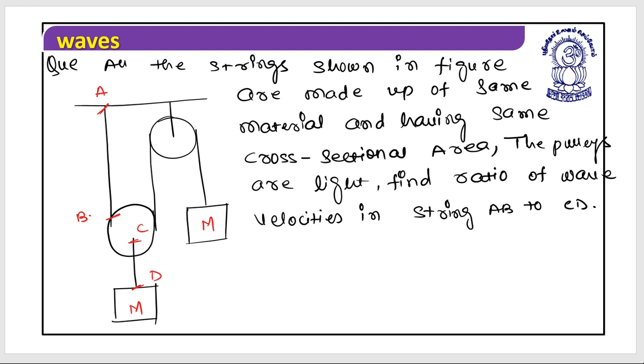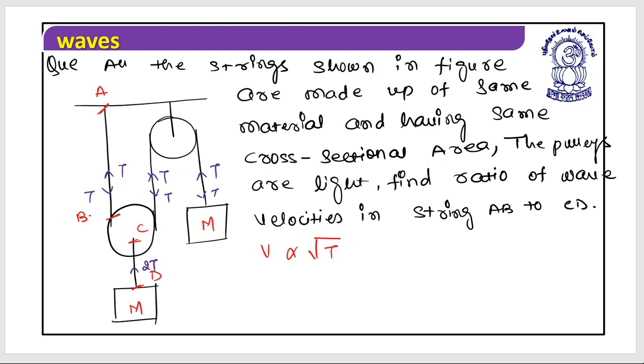As we understood that velocity is directly proportional to the root of the tension force. Yes. So if I mark a tension T over here, then in this string it would be the tension T. In this string it would be a tension T. Yes. So if this is the tension T, this will be having a tension of 2T. I hope this is clear.